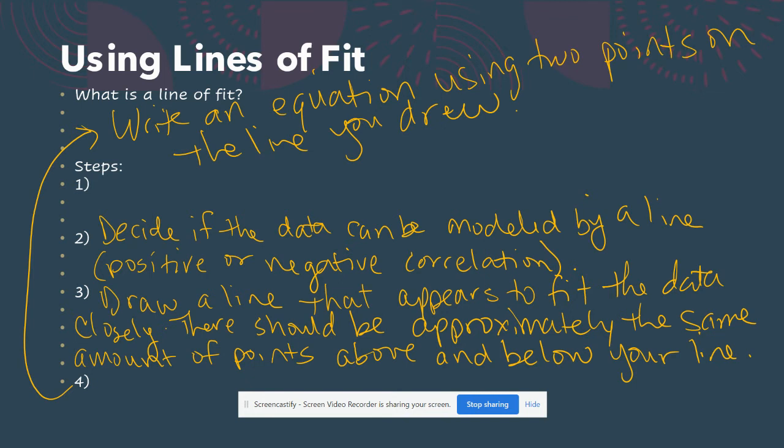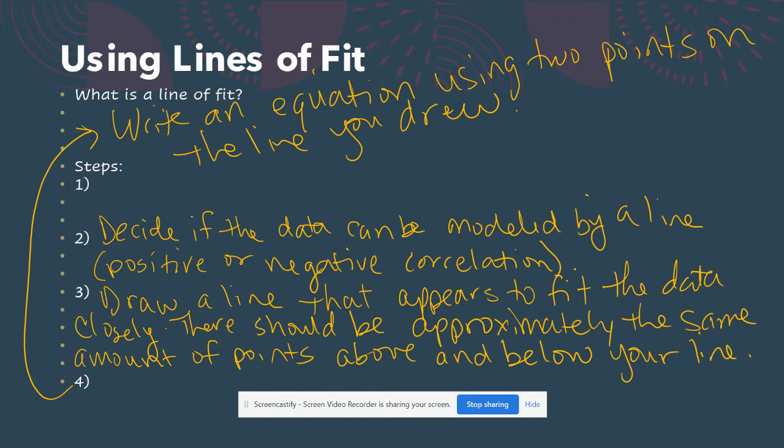The points don't have to actually represent data points that are in your chart. They probably will for our purposes, but they do have to be points that are actually on the line that you drew.